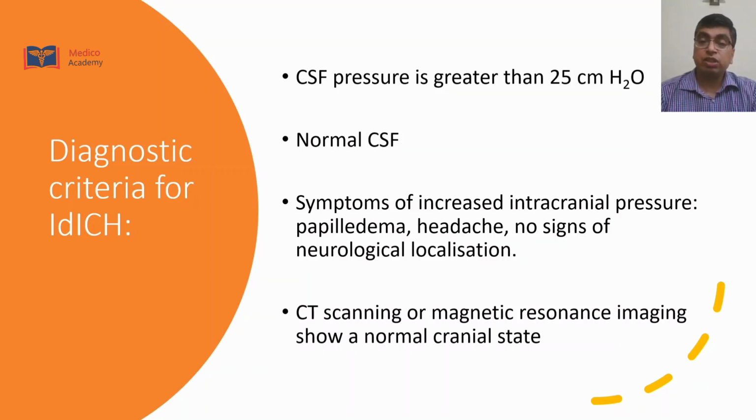So you don't have a definite intracranial pathology or any infection which suggests a rise in CSF pressure. Then symptoms should be there of raised intracranial pressure, and CT or MRI should show a normal cranial state. When these criteria are fulfilled, then we say that this intracranial hypertension is because of idiopathic causes.